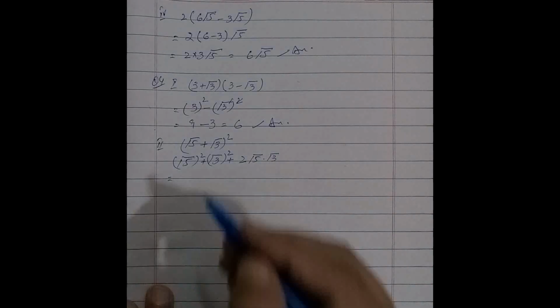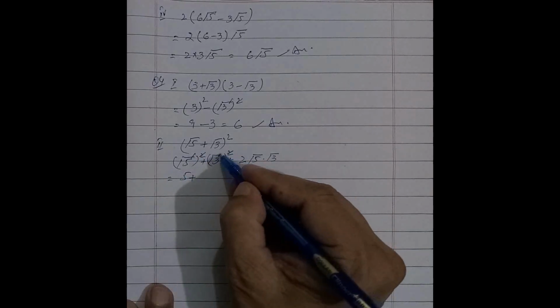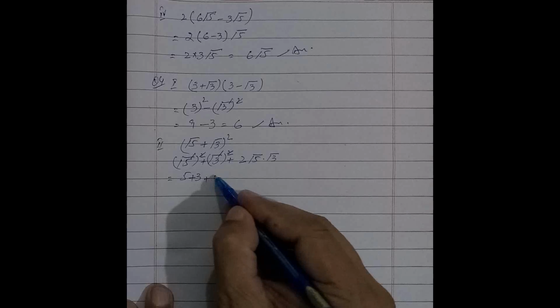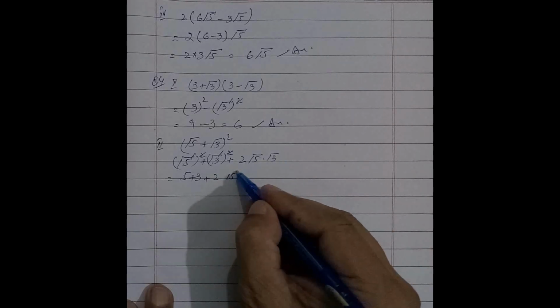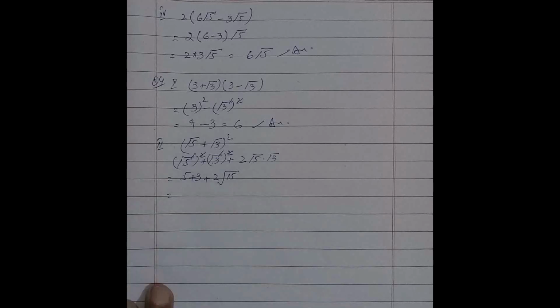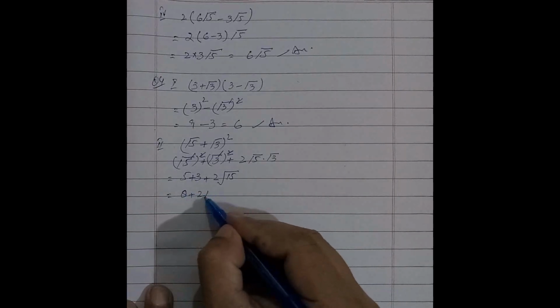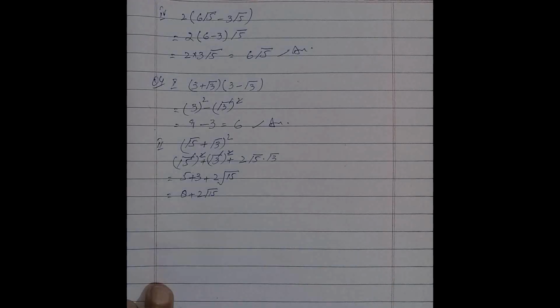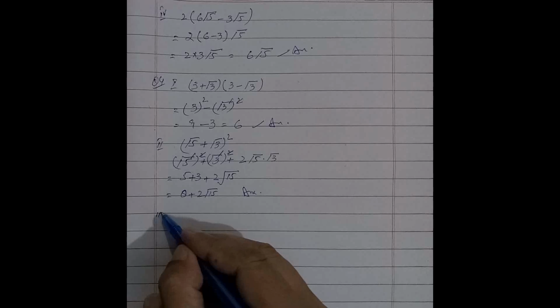Now we simplify it. Square and square root cancel, it is 5, plus square and square root cancel, it is 3, plus 2 times we multiply 3 multiplied by 5, which is √15. Simplify it. 5 plus 3 is 8 plus 2√15. And it is the answer of second part of question 4.